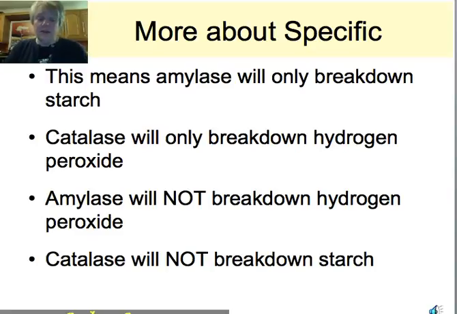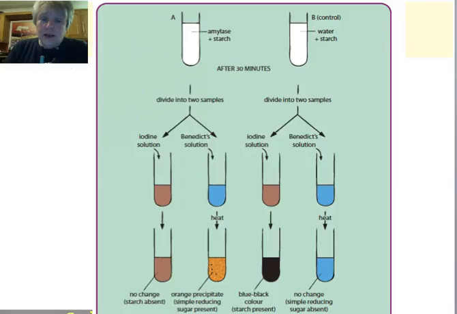And you will notice that my webcam doesn't match the words that are here. Looking at this, here we've got two test tubes. This one here has got amylase and starch in it, and this one here has got water and starch in it.